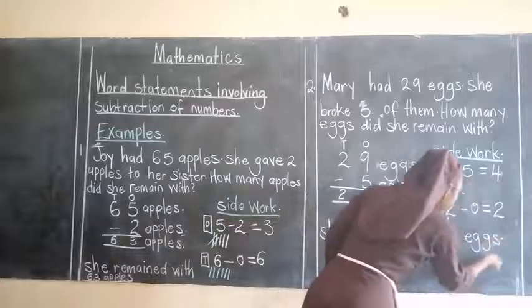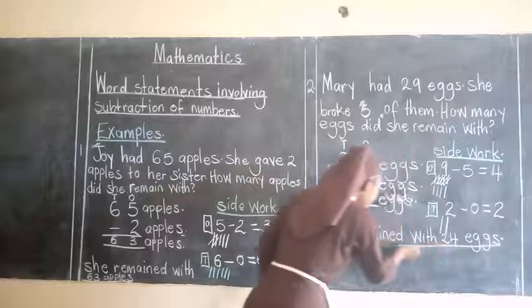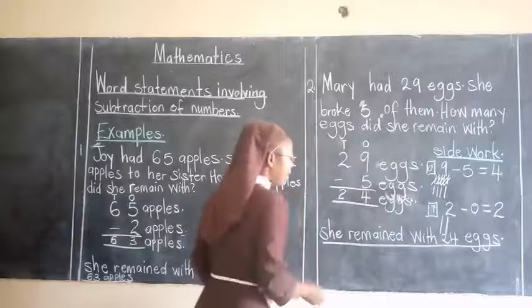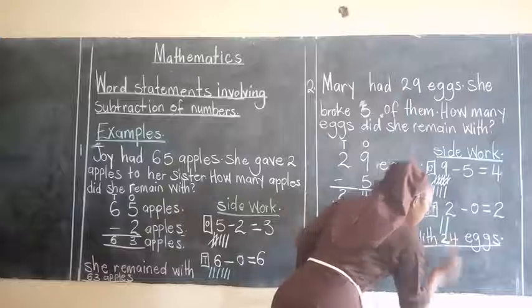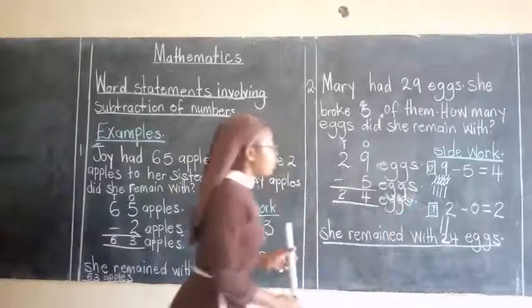We put a full stop there, and then we underline our answer. By doing this, we will have answered the question and we get the 2 marks.